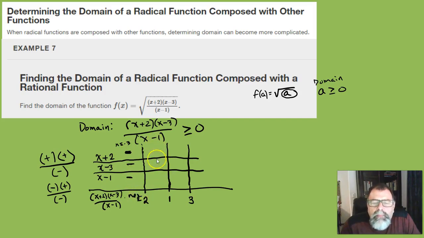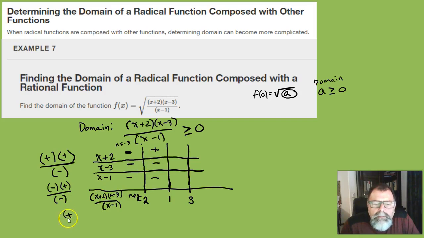Okay? And then in the middle here, say x is between 1 and negative 2, how about 0? So if x is 0, 0 plus 2 is positive, 0 minus 3 is negative, 0 minus 1 is also negative.